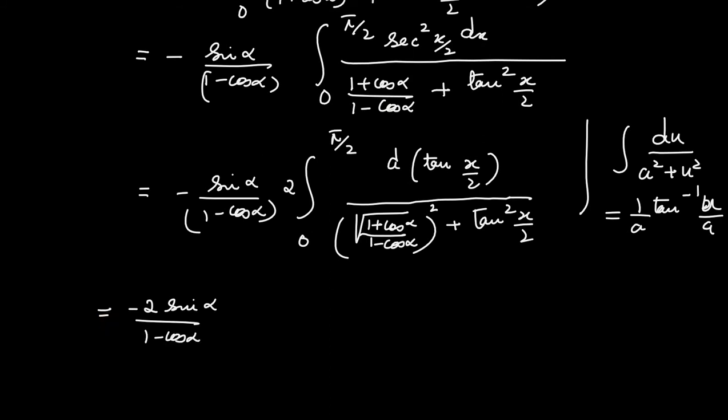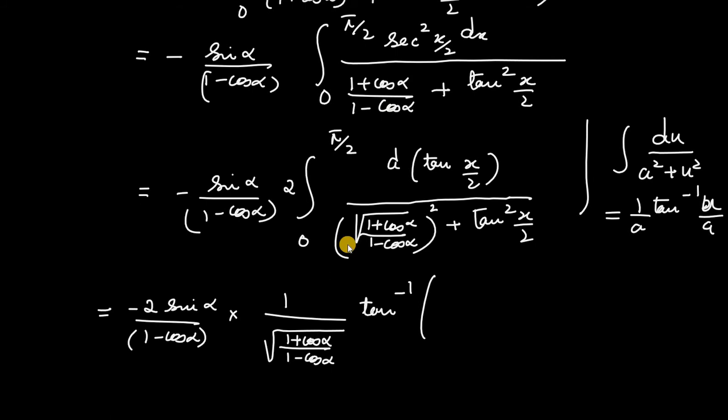Then you can see, compare this integral with this one here. It is of form d of u. What is u here? It is tan x by 2. And what is a? It is square root of 1 plus cos alpha by square root of 1 minus cos alpha. So the integral of this now will become what? It will be into 1 by a. So it will be 1 by square root of 1 plus cos alpha by 1 minus cos alpha into tan inverse of u.